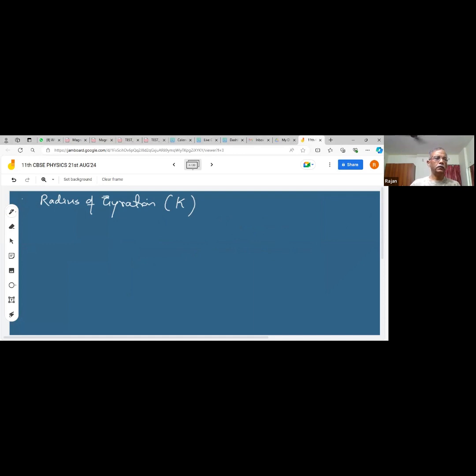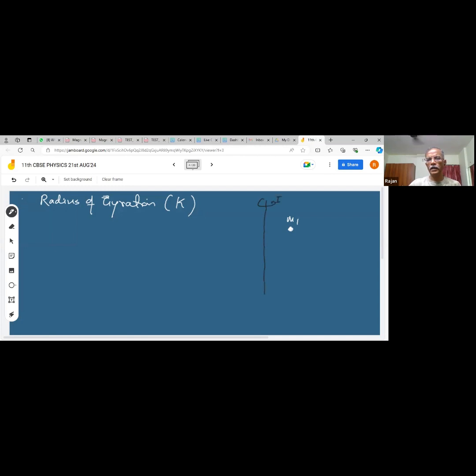Just now we had different masses, particles, which are at different perpendicular distances, right? Suppose we are having masses like M1 here, and we take a rotational axis somewhere. Say I'm taking here my rotational axis.